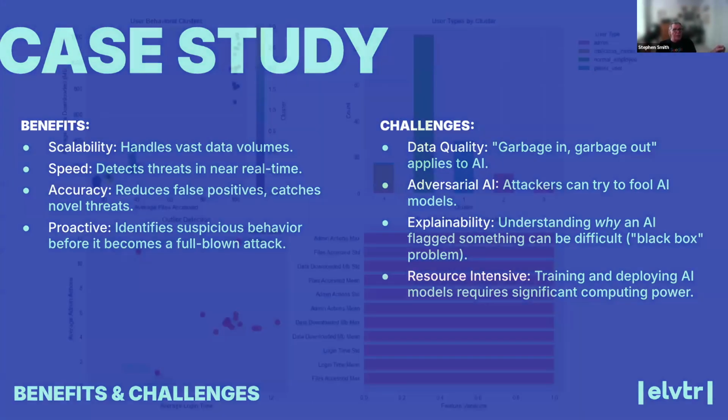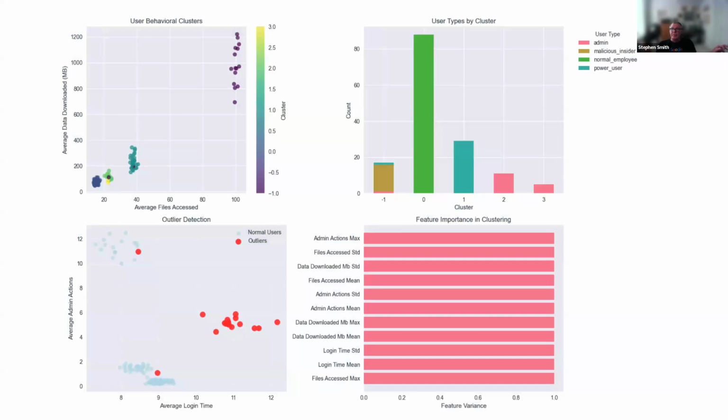Okay. So then last but not least, I'm just going to skim over this, but this is again from our example data. This is showing behavioral analysis based on the data that we had and the types of things that had the most variance, right? The features and stuff like that.